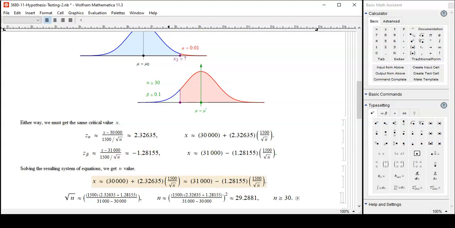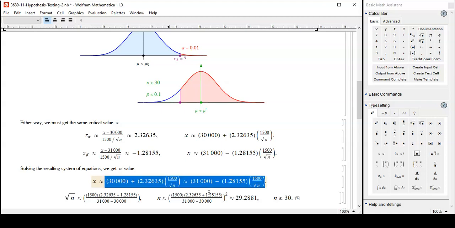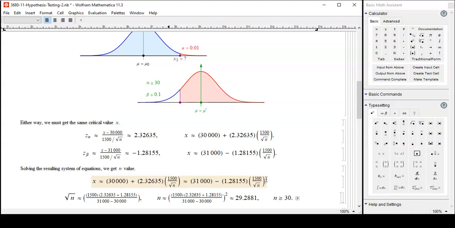There you go. So X is this from the first normal picture, and also it's this from the second normal picture. So setting these two equal, we have an equation of n here. You can solve for square root of n, and then square both sides, and you're going to get 29 point something, but it has to be an integer, so 30 or larger.